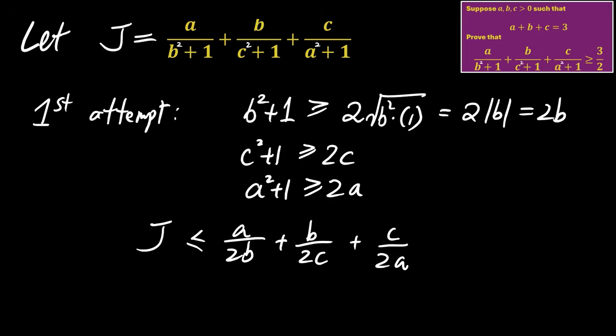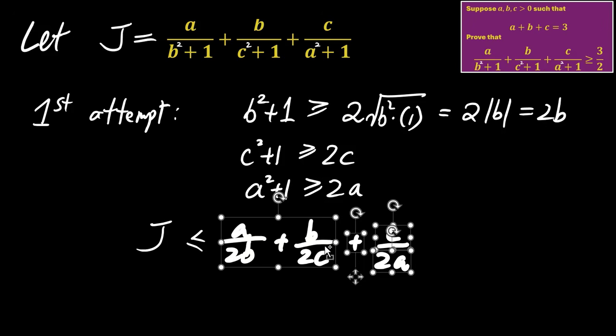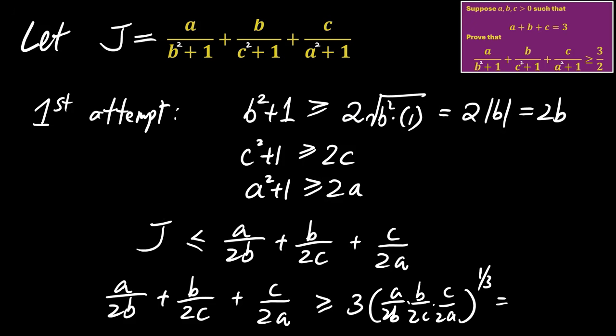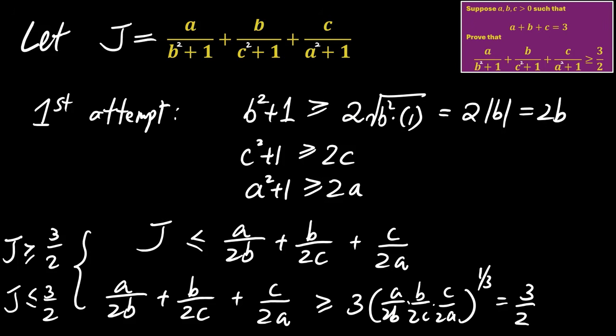And we also know that the expression on the right hand side is greater than or equal to 3 times the product to the power 1 over 3, that is a over 2b, b over 2c, and c over 2a, which will give me 3 over 2. So we are unable to know whether J is bigger or 3 over 2 is bigger, which means that this is not suitable for this question.